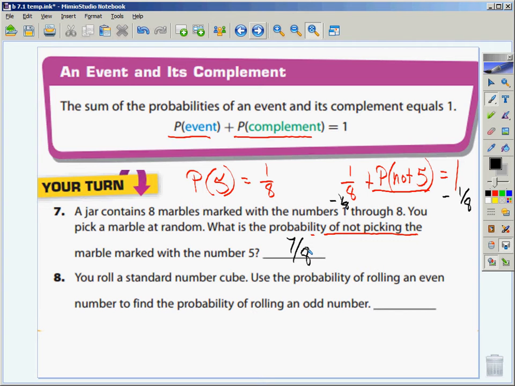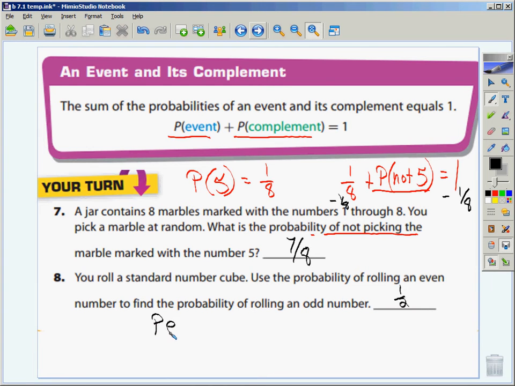You roll a standard number cube. Use the probability of rolling an even number to find the probability of rolling an odd number. Obviously, what's the answer? 1/2. Here's what they're saying.